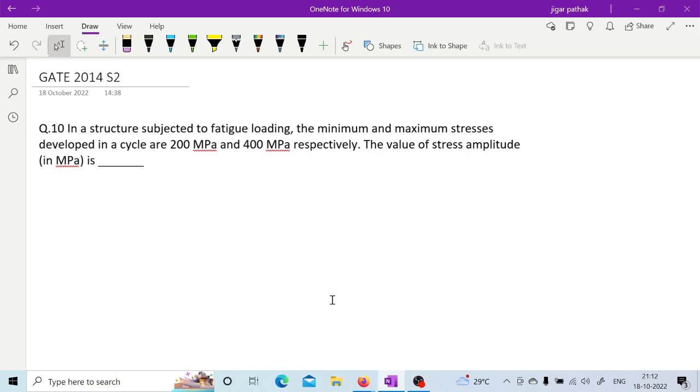Let us see what others are getting. It is actually straight away maximum minus minimum by 2. Yes or no?